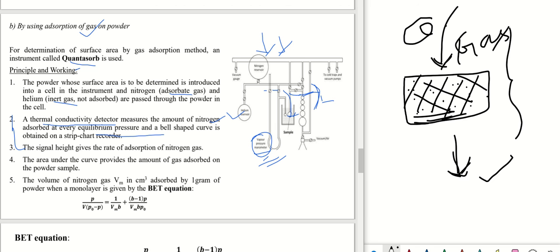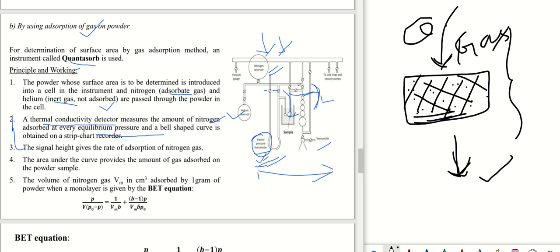So the pressure differences can be read from the manometer, and a few sophisticated equipments will have some detectors, because there will be a change in the temperature because of change in its properties, the gaseous properties.